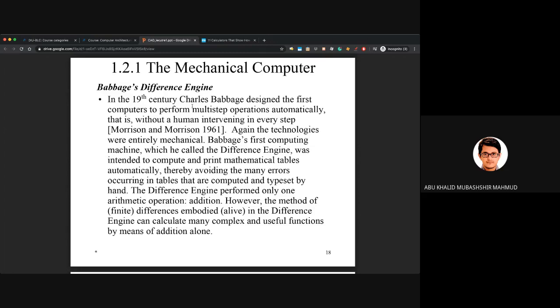In the 19th century, Charles Babbage, to us the father of the computer, designed the first computer to perform multi-step operations automatically. Now we are seeing a dramatic evolution from here on.